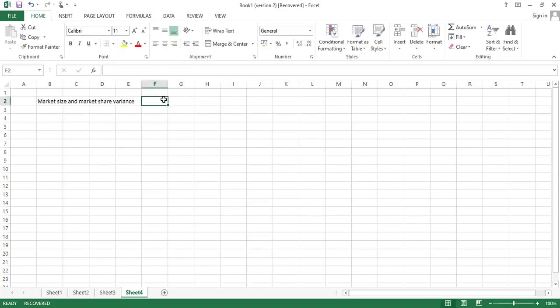Basically, these are called planning and operational sales variances. Market size variance is called planning variance, planning sales variance or sales volume variance, and operational is called what? Market share variance.